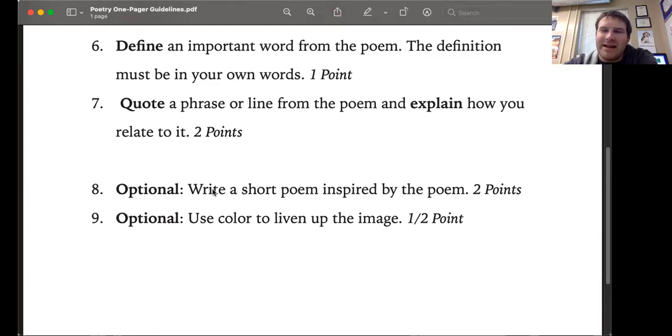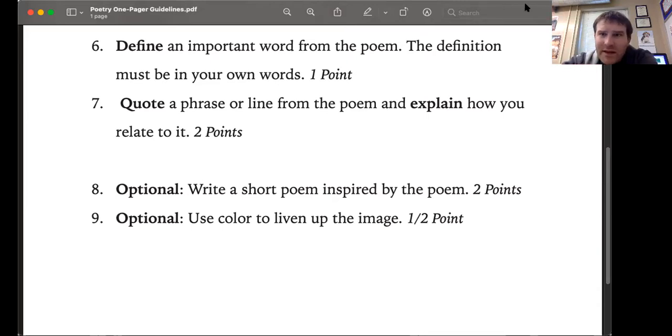That was their poem, and I really don't feel like that's a 2-point poem, honestly. It showed that you were inspired by the poem, but we're looking at whether your poem explores a similar idea to the original poem, or uses a similar structure that poem used. If you do that, you get 2 points. And then you can use color to liven up your image. You get half a point if you do that.